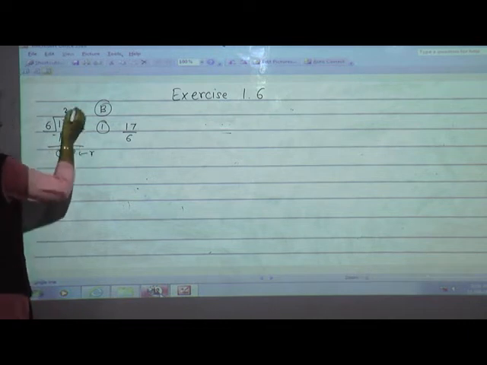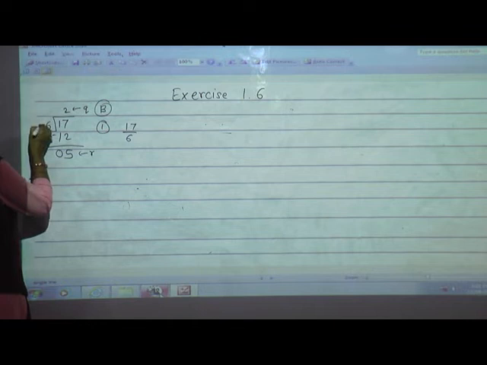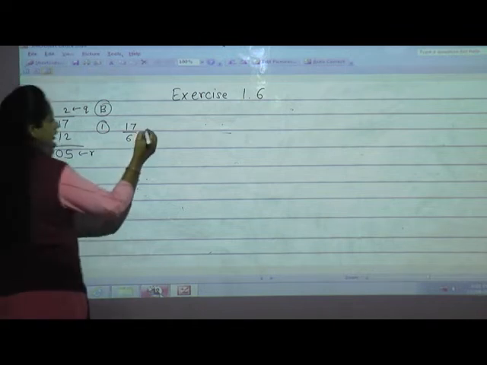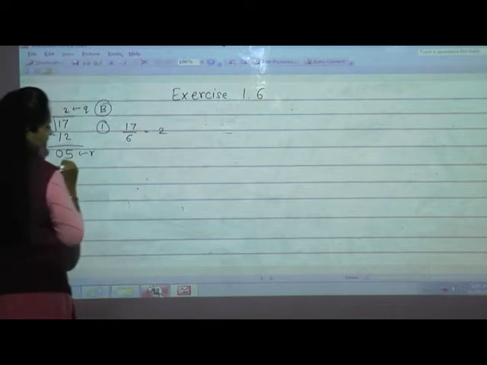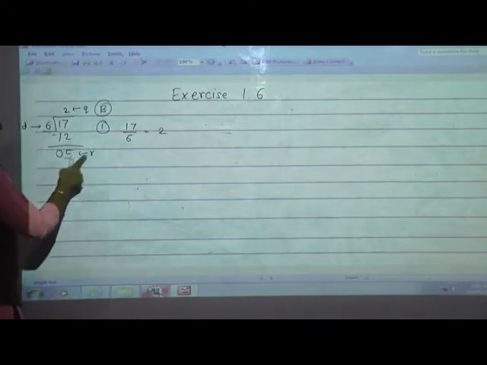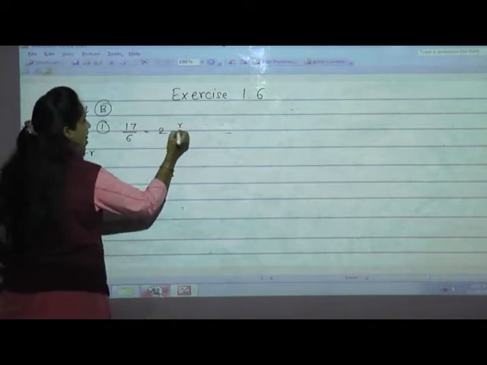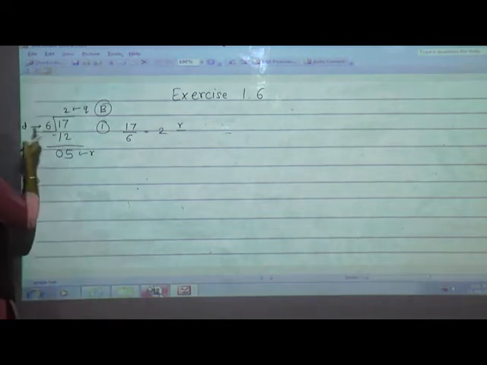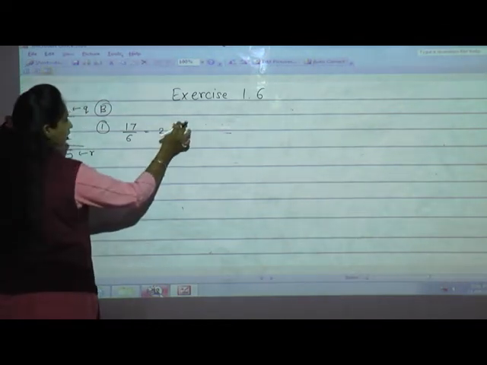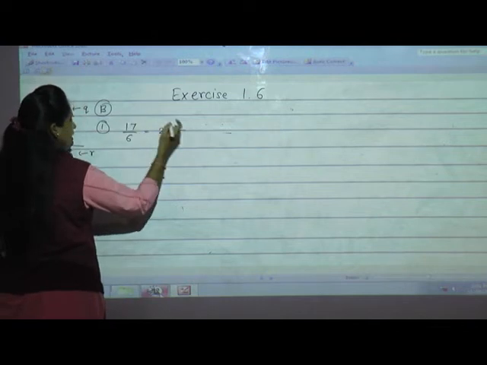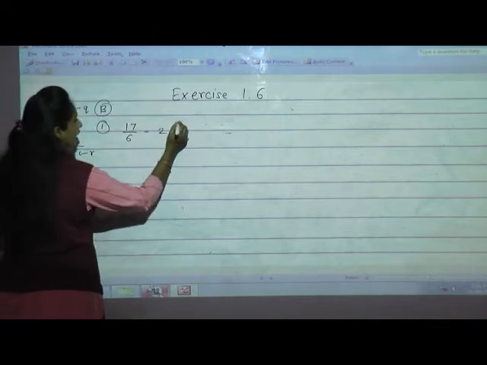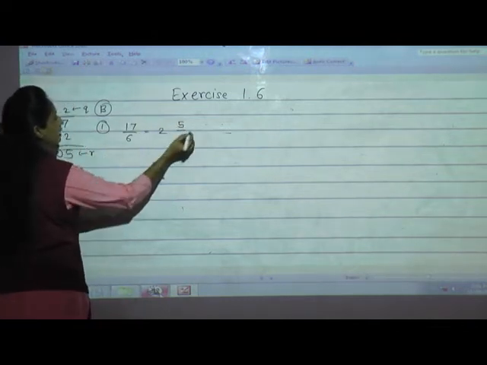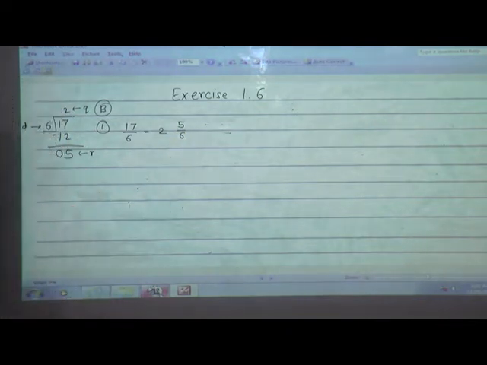This is remainder, this is quotient and this is denominator. So we'll write quotient here, in the whole number place, and the remainder in the place of numerator, and the denominator remains as it is. What is remainder? 5. So write here 5.